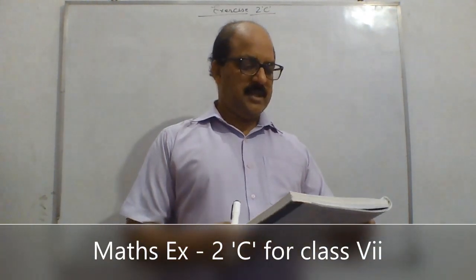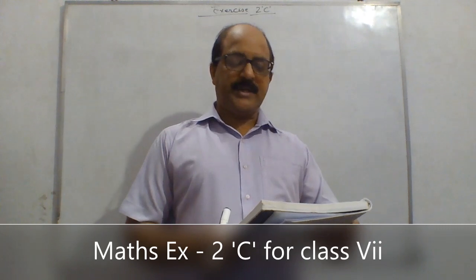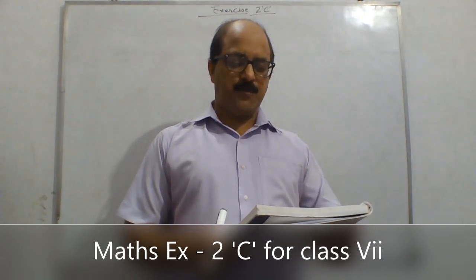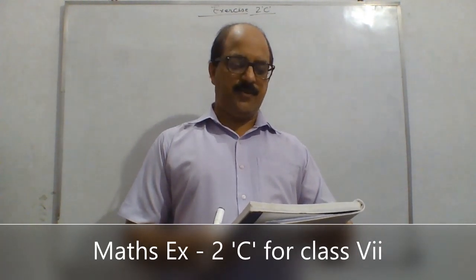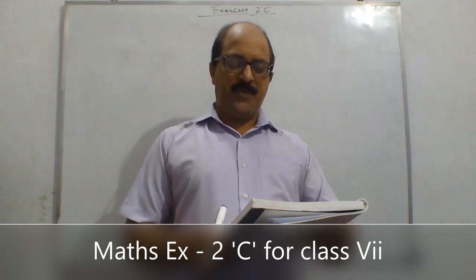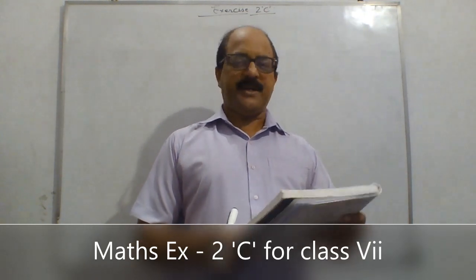Next question is, Priti bought 8 whole 1 by 2 kilograms of sugar for rupees 242 whole 1 by 4. Find the price of sugar per kg.